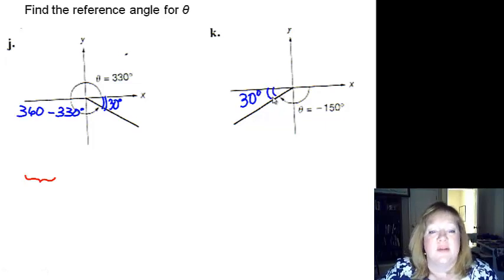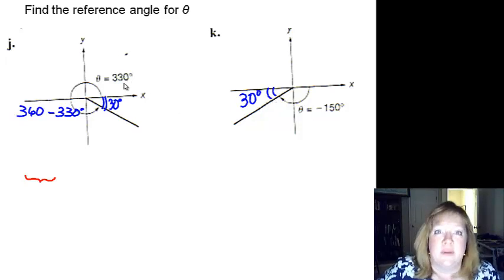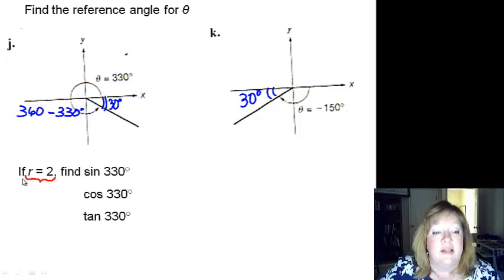It's always positive. Well, part of your homework or classwork is going to be to find sine, cosine, and tangent of things like 330, where your reference angle is one of those special angles. What you do is you draw a reference triangle. So your first step is to draw a reference triangle. So let's say this is one of our problems. If r equals 2, find sine of 330, cosine of 330, and tangent of 330.